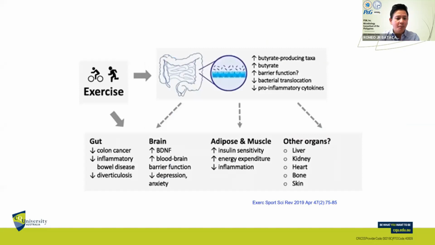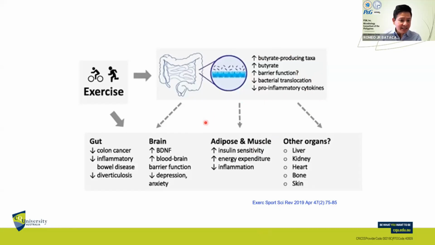This is a proposed model on how exercise alters the gut microbiota. So exercise has been shown to increase butyrate producing bacteria, increase butyrate concentrations, and reduce pro-inflammatory cytokines and oxidative stress in the intestines or in the gut.